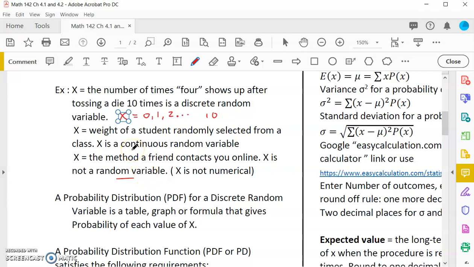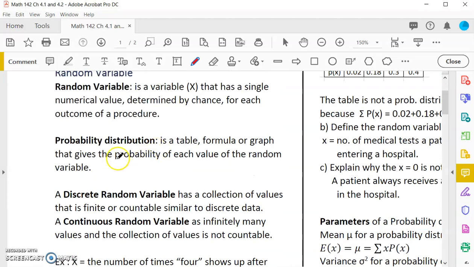Okay, if x is a discrete random variable, we can display x and P of x in a table. This table is called a probability distribution, and sometimes we call it a probability distribution function also. Some books call it probability distribution function, some books just call it probability distribution.